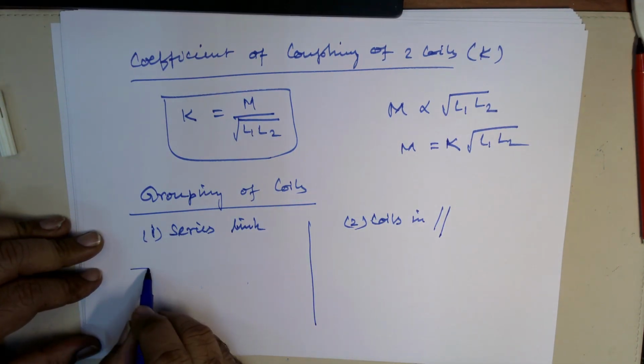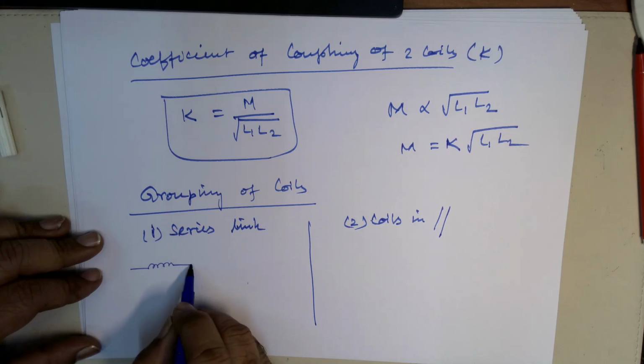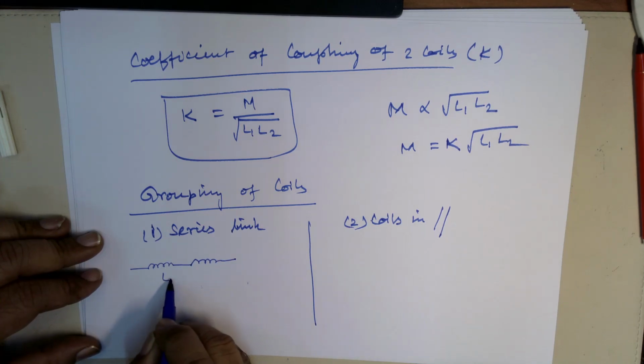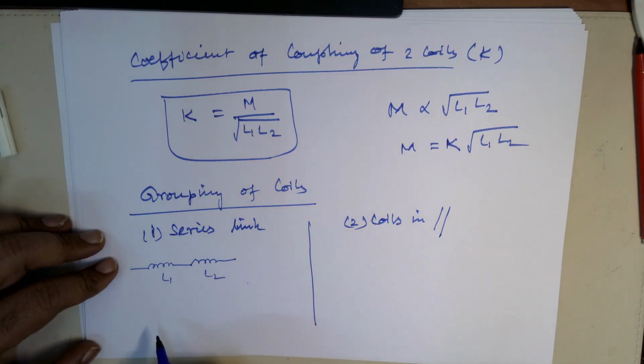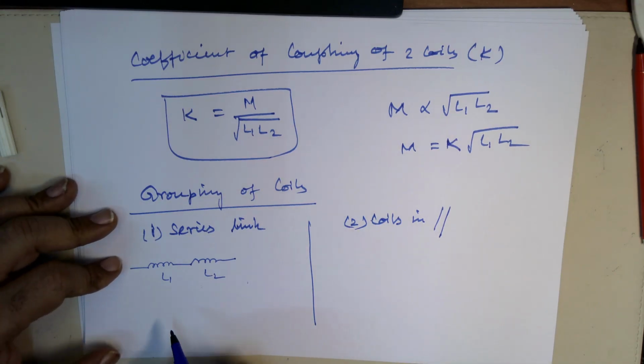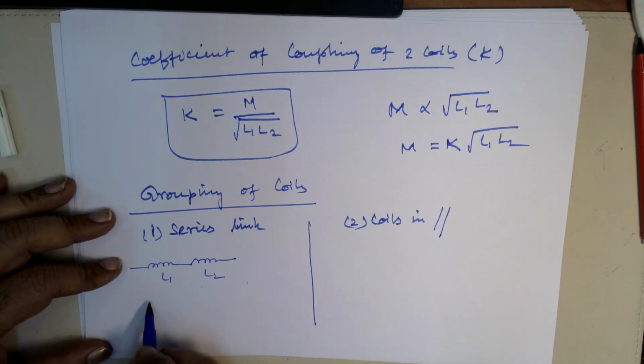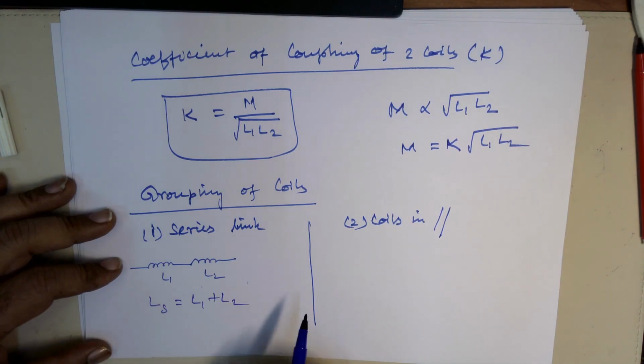Series means you've got coil 1 and coil 2, with self-inductances L1 and L2. So the effective inductance LS is equal to L1 plus L2.